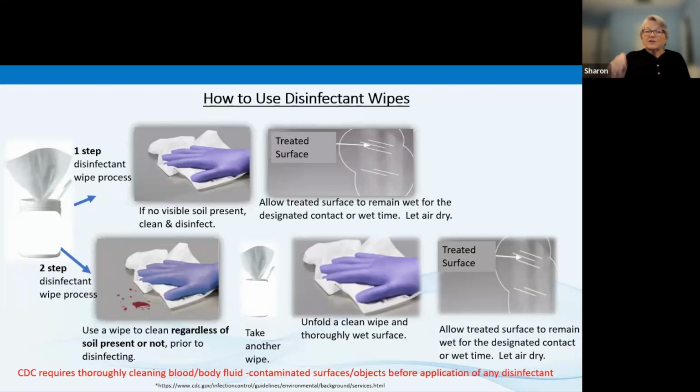And now starts the clock on your contact time. You allow that treated surface to remain wet, and then you let it air dry. But one thing to understand: if there is visible soil present, any one-step cleaner disinfectant becomes a two-step because you must clean first, per the Centers for Disease Control.